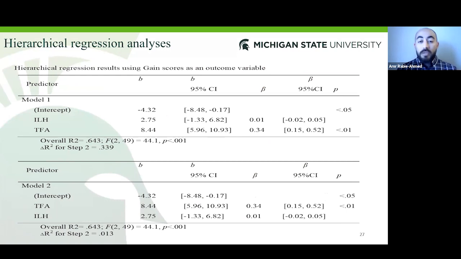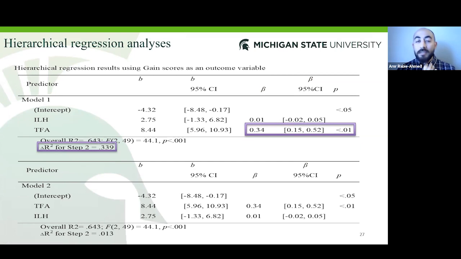In the first model, both frameworks account for almost 65%, or about 64%, of the overall variance in the gains that the students made. But the TFA is the significant predictor here, and alone it accounts for almost 34% of the overall variance.